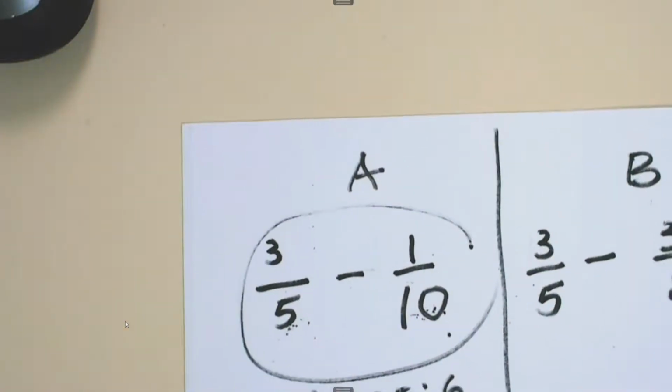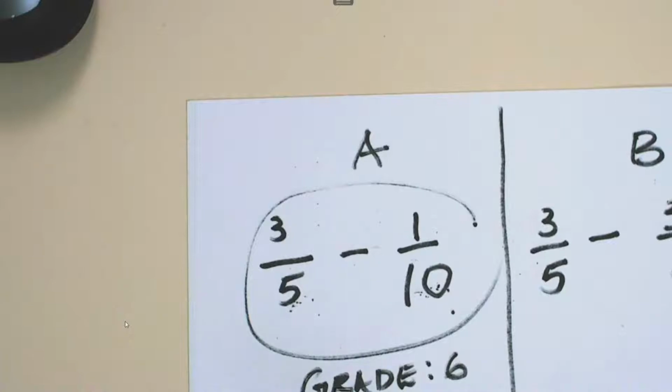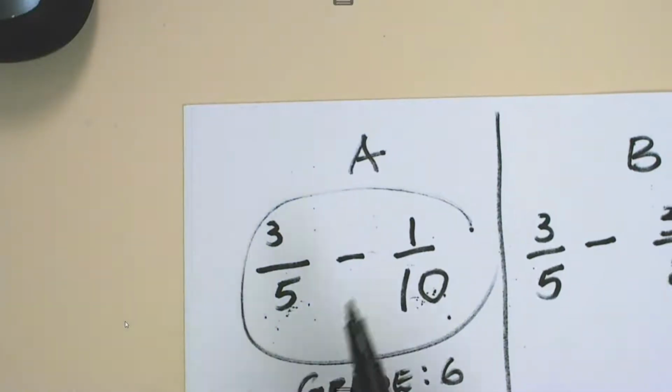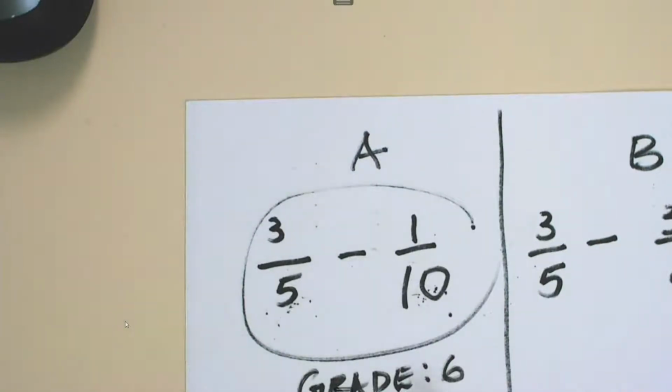In grade 6, things got different. We had to add fractions where denominators were not the same. But the nice thing was that one of the denominators was a multiple of the other. So our mission was only to focus on making this denominator the same as the big one, or vice versa, depending on the situation.